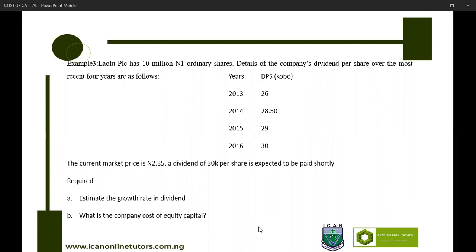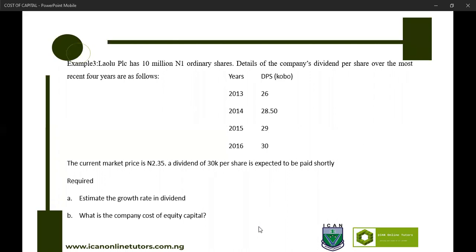The current market price is 2 naira 35 kobo. A dividend of 30 kobo per share is expected to be paid shortly. Has this 30 kobo been paid? No, we were told that it is expected to be paid shortly. We are required to (a) estimate the growth rate in dividend, and (b) find the company's cost of equity capital.